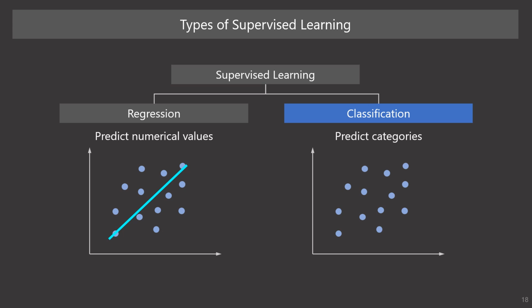On the other hand, classification is used when the label is a categorical variable. The purpose of classification is to predict a category that each observation belongs to. So, we use classification to find an optimal boundary line to classify observations into categories.